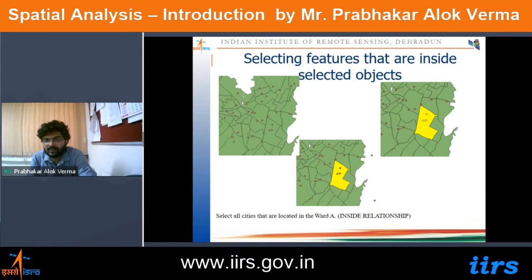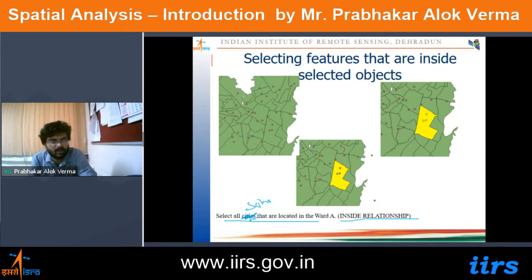Selecting features that are inside a selected object. Select all the schools that are located in Ward A. So here the inside relationship is used.